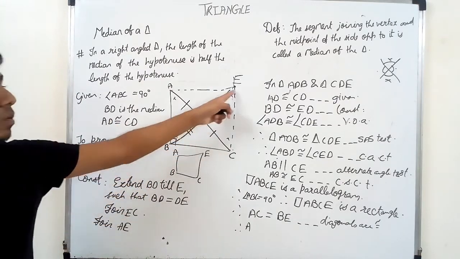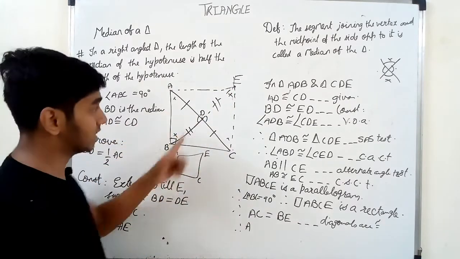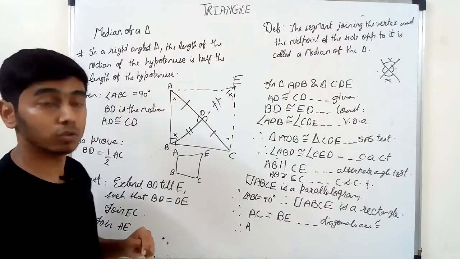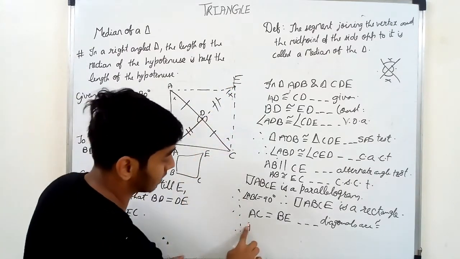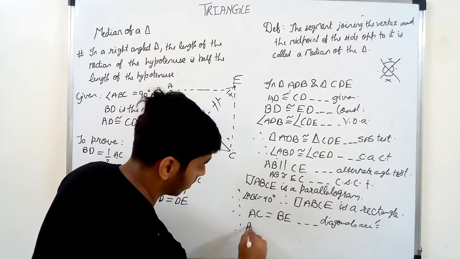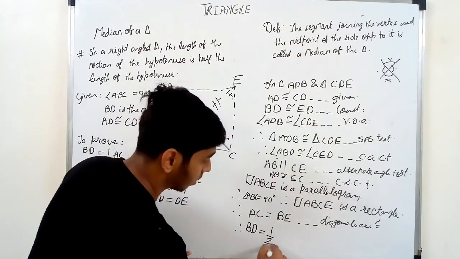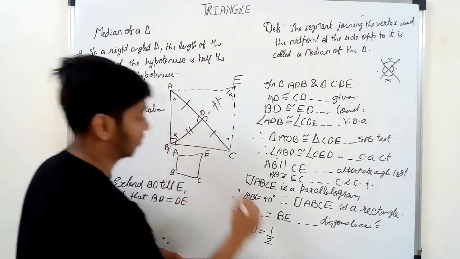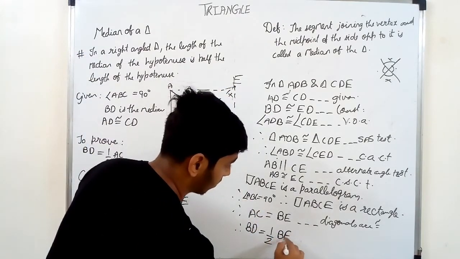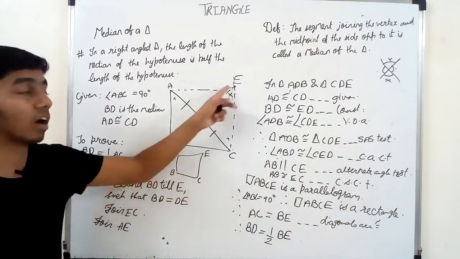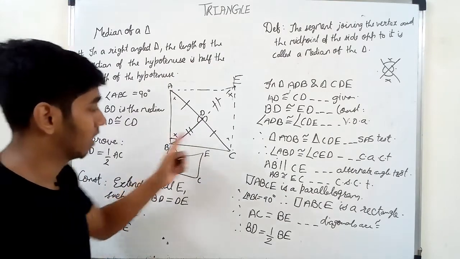Yes or no? BD is equal to DE. Therefore, we can say D is the midpoint of BE, and in the same way BD is equal to half of BE.